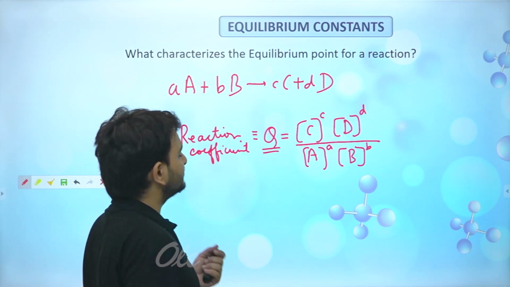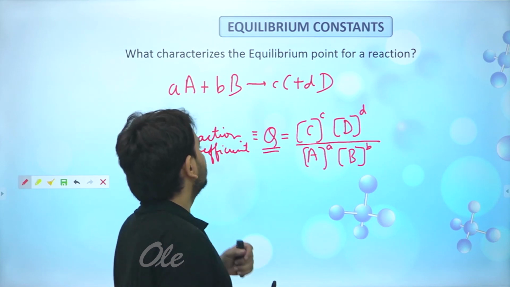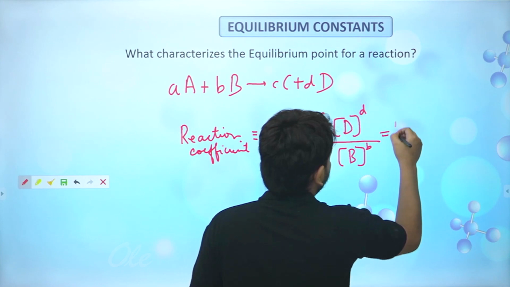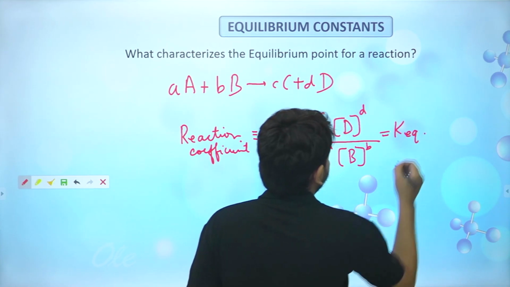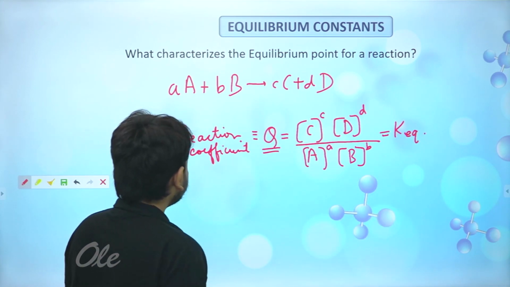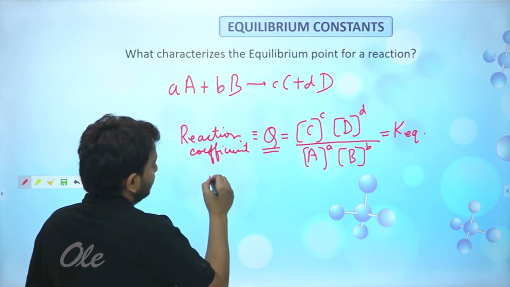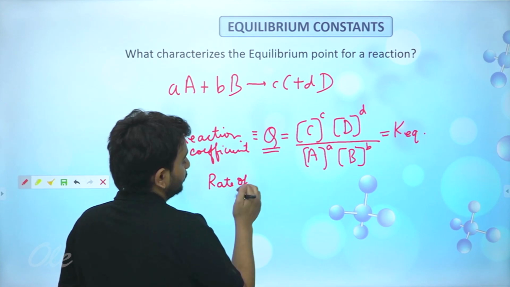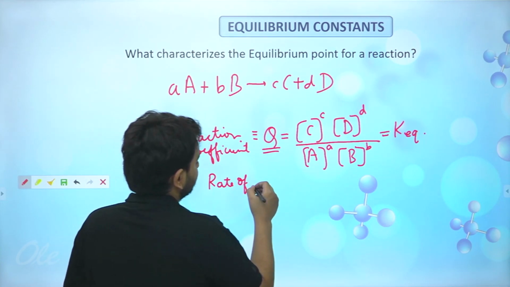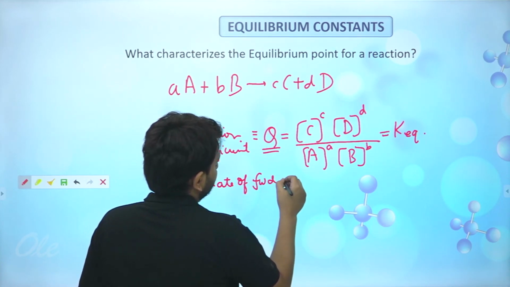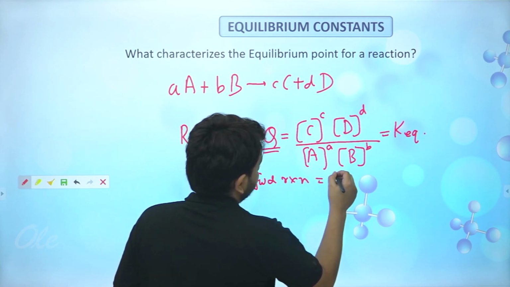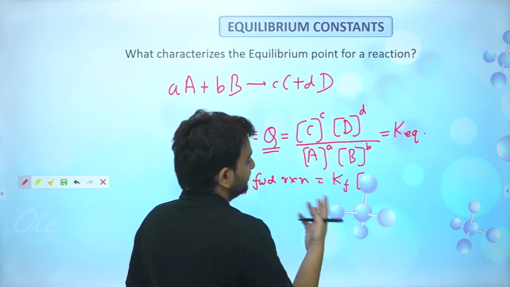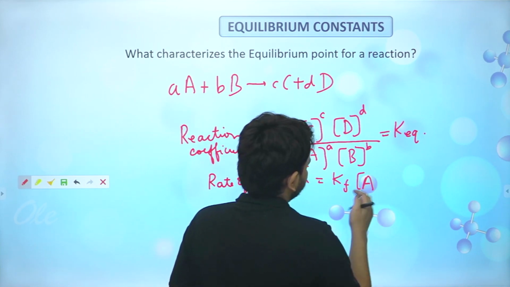So basically the reaction coefficient, when this becomes equal to the equilibrium constant, and now we'll talk about the equilibrium constant also. What happens is that the rate of forward reaction, you'll see when we talk about the next topic, would be K forward into the active mass of the reactants, which will be the concentration in fact.